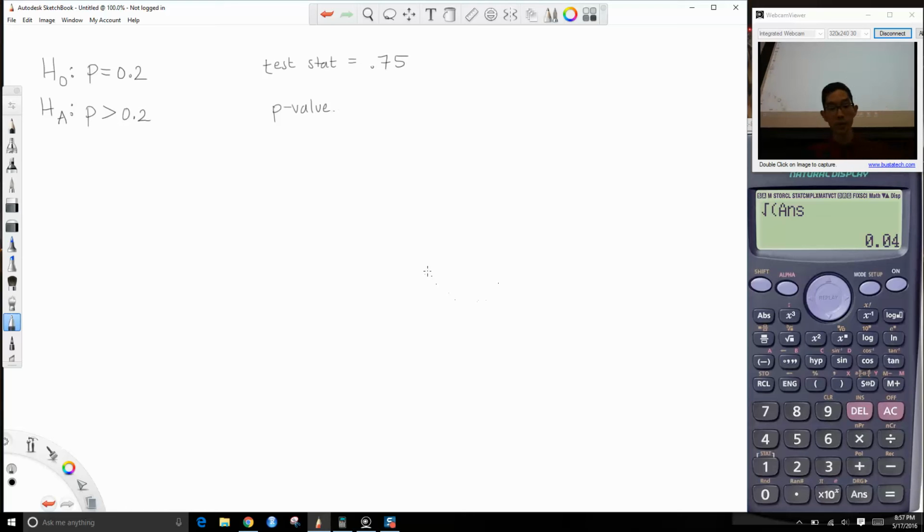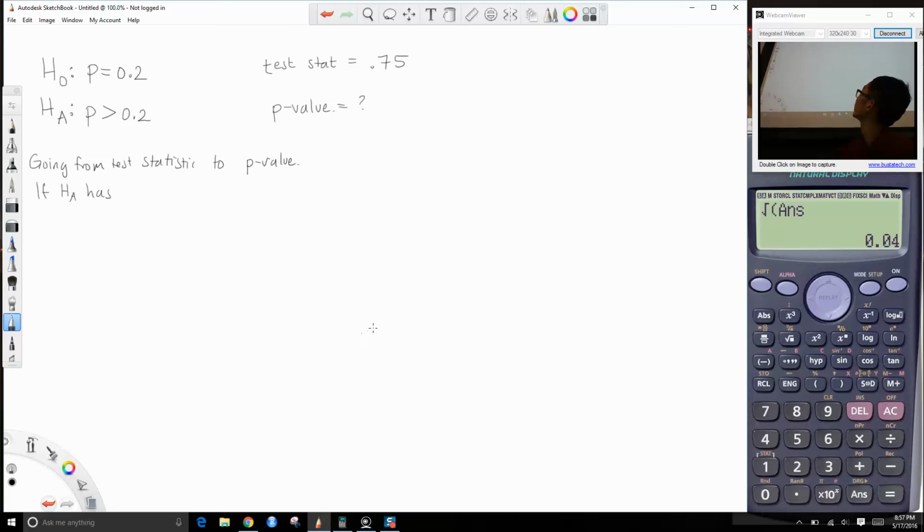Okay, so this is how we decide. This is still step 3, getting the p-value. This part is going from your test statistic to the p-value.